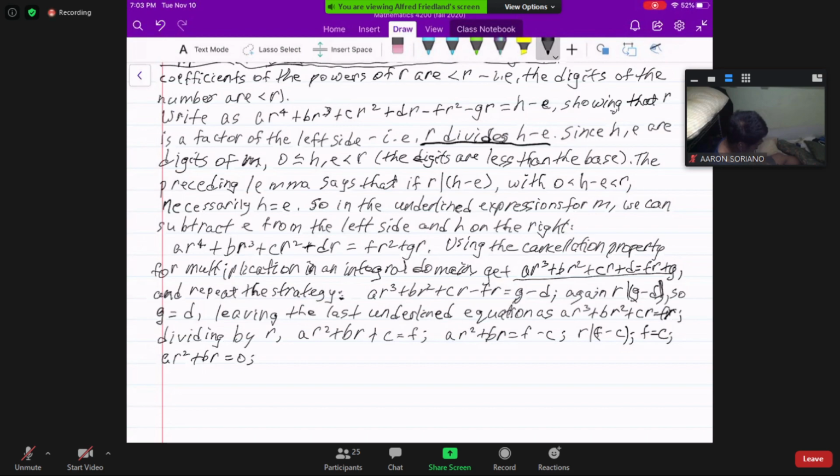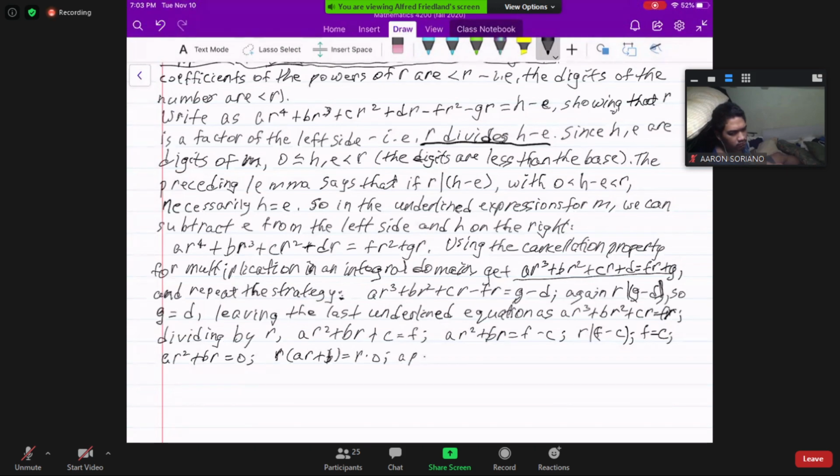Look at what this says using the properties of an integral domain. From the distributive property, R times AR plus B, and I'm going to write this equals 0. We did this once before, R times 0.